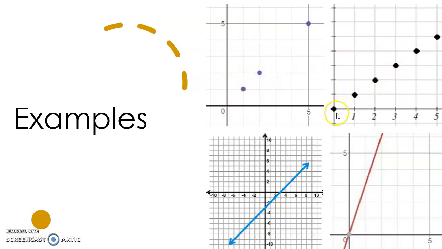We see that there would be a straight line if they were connected, but it's not, and we can see where it ends, so it is discrete. This, however, would also be a continuous function because we do not see where it ends. We have to assume that since there's no endpoint, it is continuous and will go on forever.